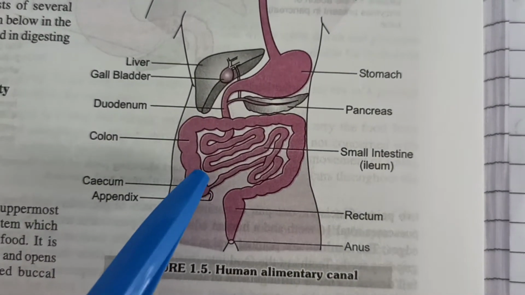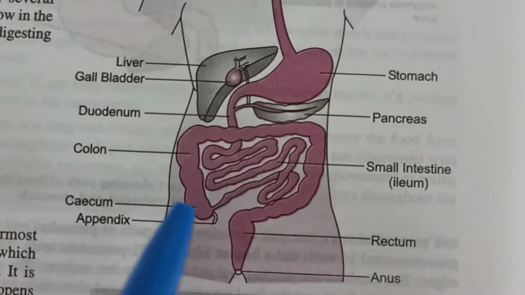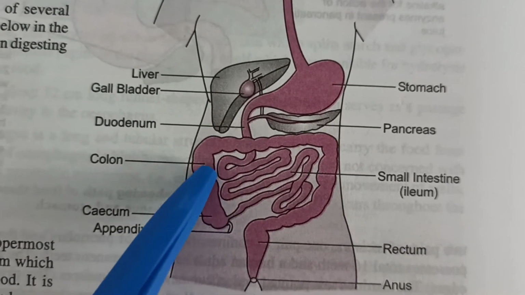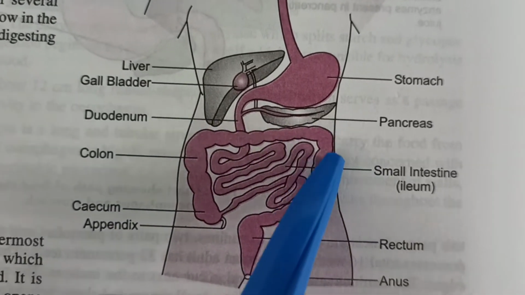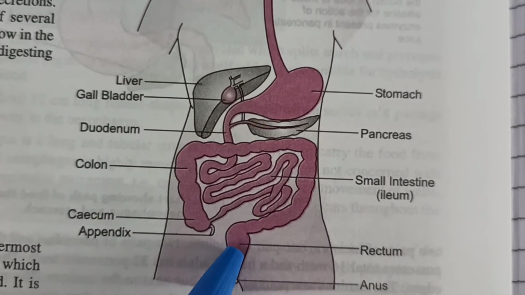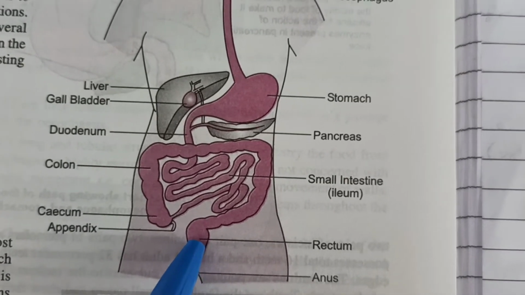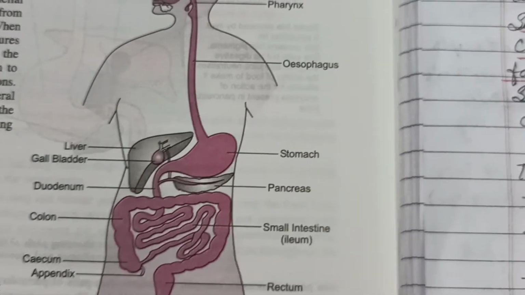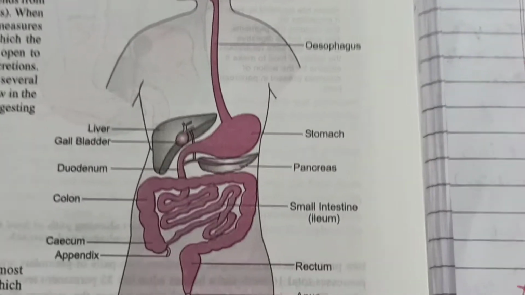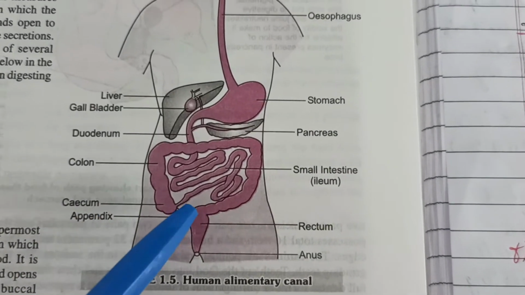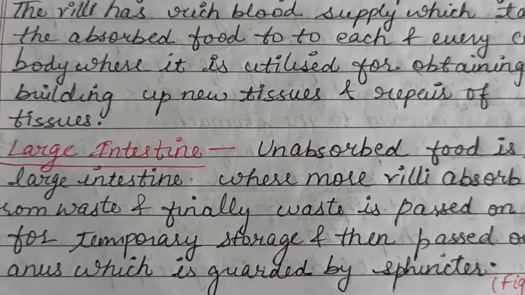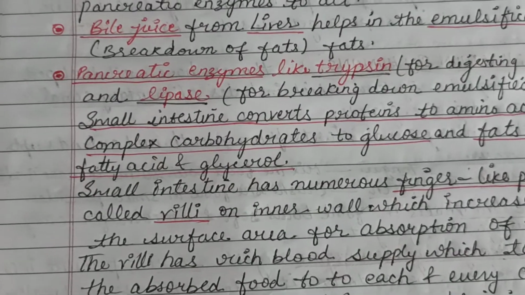We can see in the diagram that this is the large intestine and it has the ascending colon, transverse colon and descending colon, right, which finally ends into the rectum. In the rectum, we can't say food, we will say the undigested waste material which is not absorbed in our body, it gets temporarily stored in the rectum and from the anus it is expelled out, right? So this was all about your digestive system.